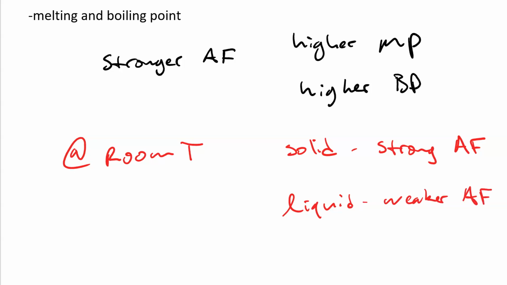Because then the kinetic energy of the particles at room temperature is about equal to the strength of the attractive force. And if you have something that is a gas at room temperature, that is the weakest attractive force between particles. And of course, there are substances that are solid up to way above room temperature. Those are very strong attractive forces, like the forces in metals and so on.